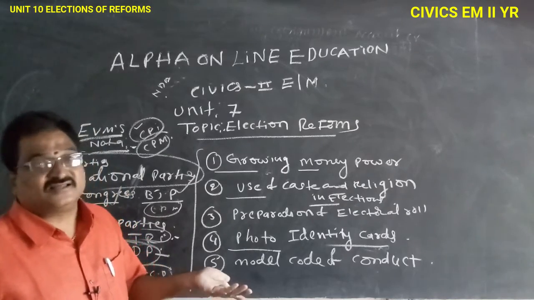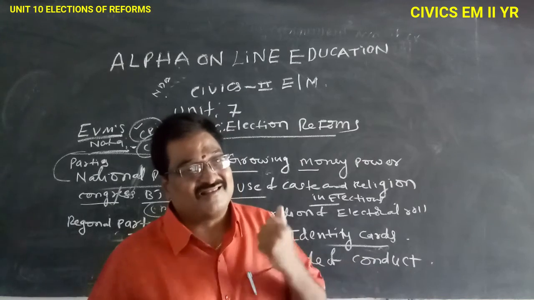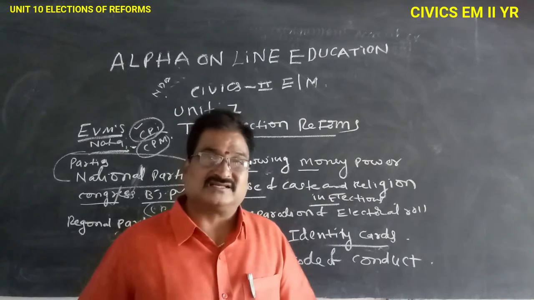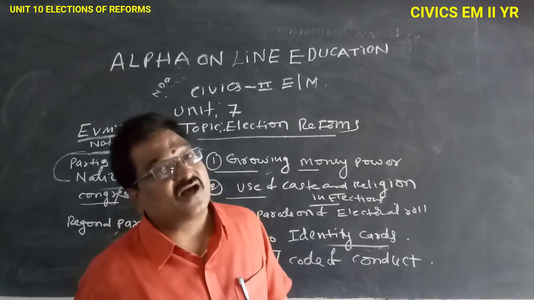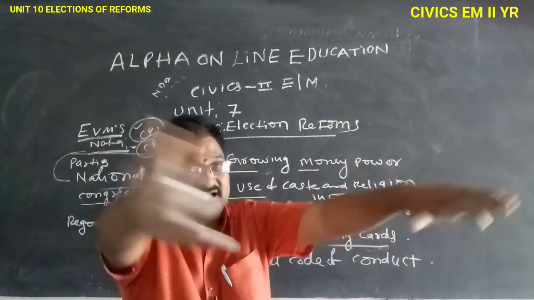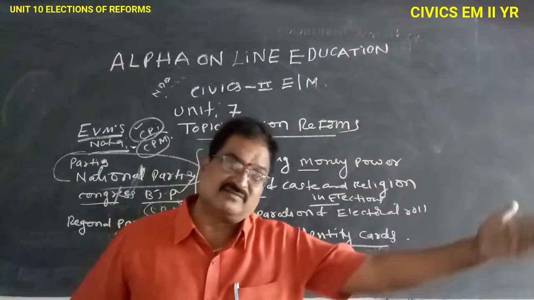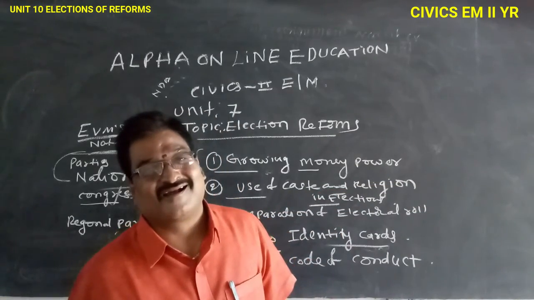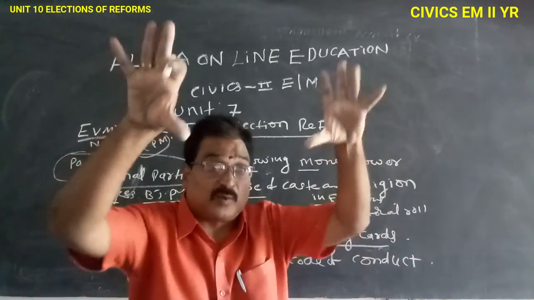The Shiv Sena is a regional party, the AIADMK, the DMK, the Akali Dal, the Trinamool Congress, the Asom Gana Parishad, the AGP. These parties are all regional parties. The Telangana regional party is TRS. It is not in Andhra Pradesh, not in Maharashtra, not in Bihar. It is only in Telangana.